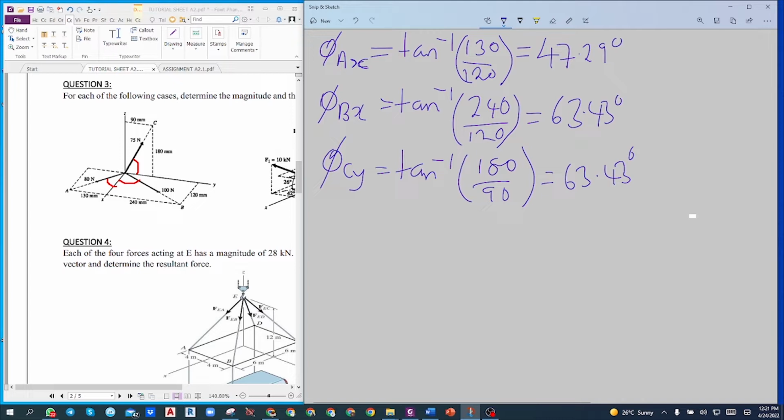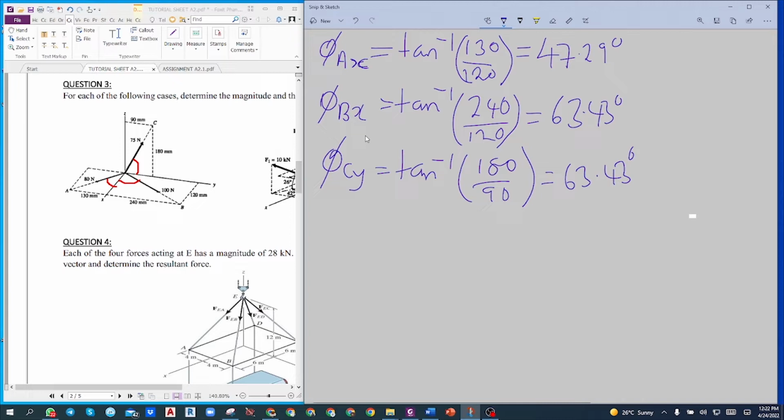Having gotten the angles we need as labeled here, these angles as shown there on the diagram, we'll now be able to get our components. Let's say the resultant force, we can just go straight forward adding the forces.